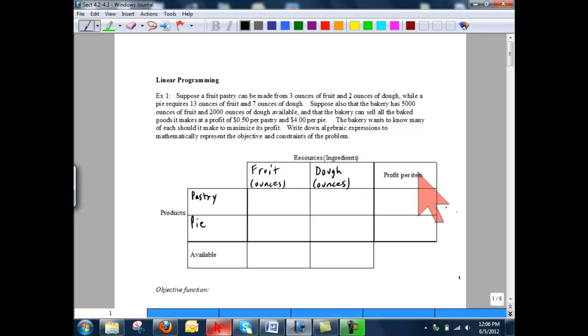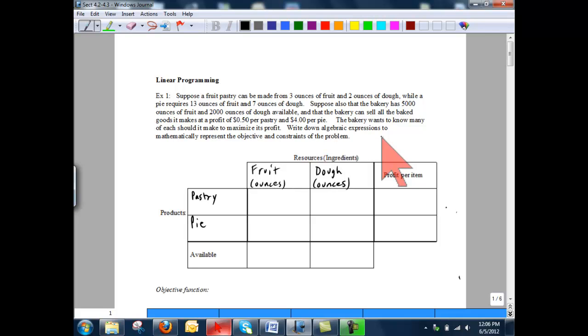Regarding the products that are made, there is a profit mentioned for each of them. And regarding the resources that we use, there's a maximum available amount for usage that's mentioned. Ultimately, the bakery wants to know how many of each product it should make to maximize its profit.